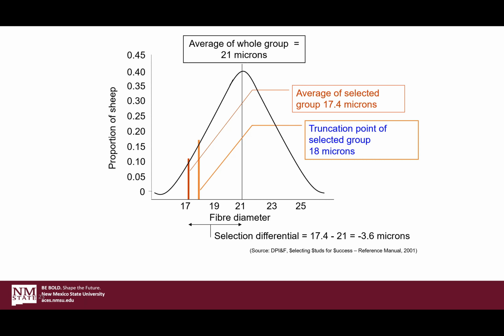So say you've got a ram that's going to score around 17 microns on average, and you cross him with your herd, the contribution will eventually result in an average herd wool quality of 18 microns. So you've made progress, and that is the selection differential that you're going for.